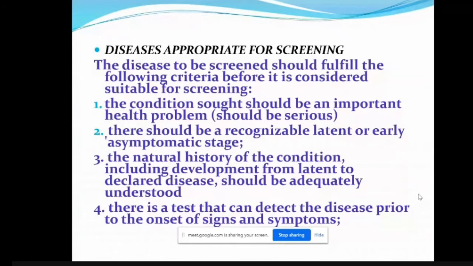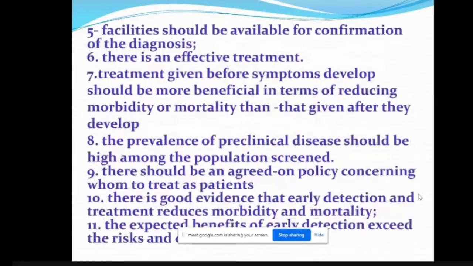This is the screening test, and there are certain criteria we will take later about the screening test. Also, there should be an appropriate diagnostic test for those who are screened positive. So those screened positive should be sent for further tests to diagnose if they really have the disease.